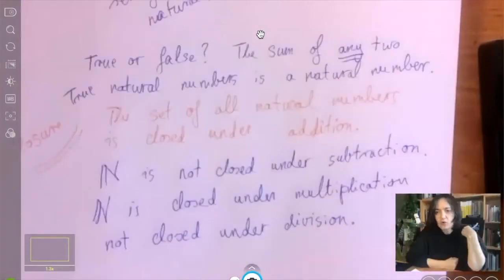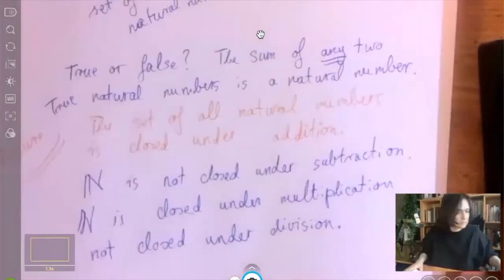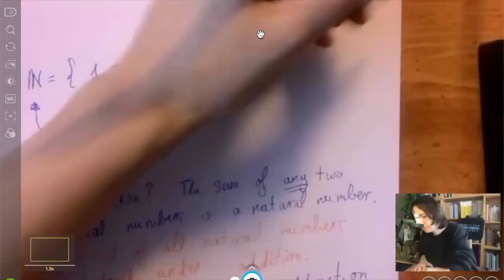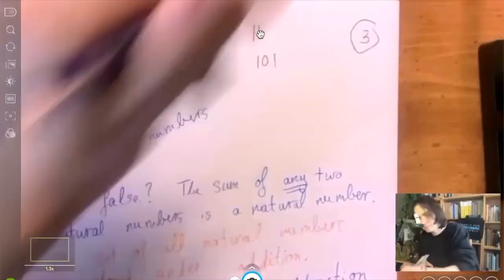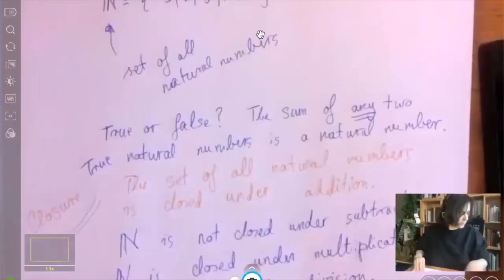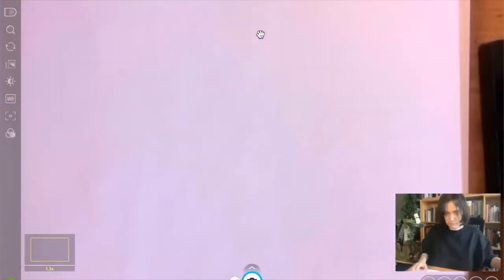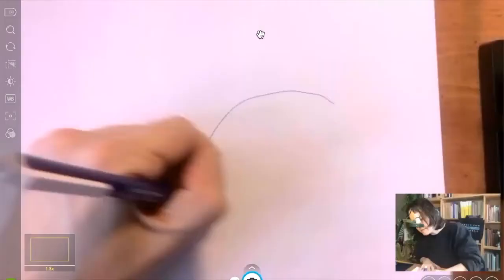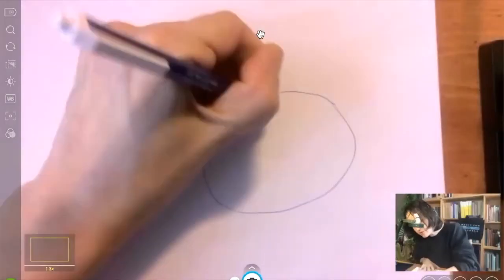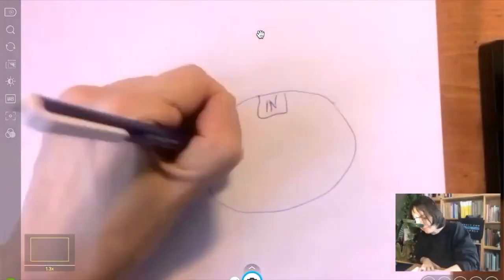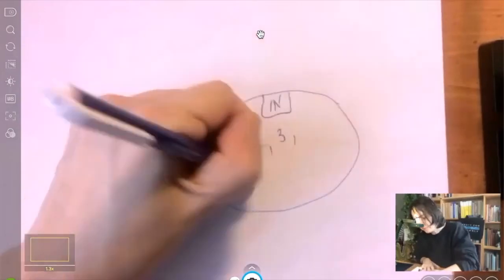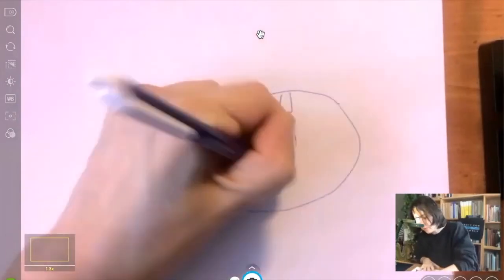So imagine that we do the following. So imagine we play the following game. Here is the set of all natural numbers. 1, 2, 3, 140, 2021.